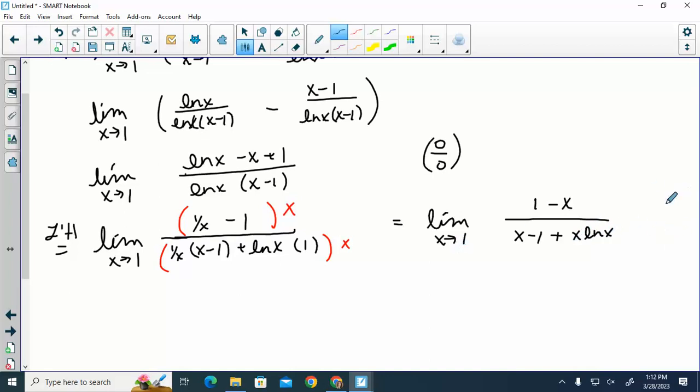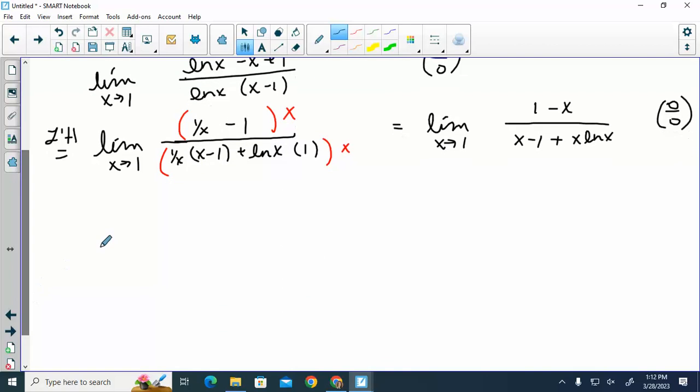So if I plug in 1, 1 minus 1 on top is 0, on the bottom 1 minus 1 plus 1 times 0. So it's still 0 over 0. So what does that mean? L'Hopital's again. Derivative of the top? On the bottom, derivative of x is 1, minus derivative of 1 is 0, so that goes away. The x natural log of x, we have to do the product rule.